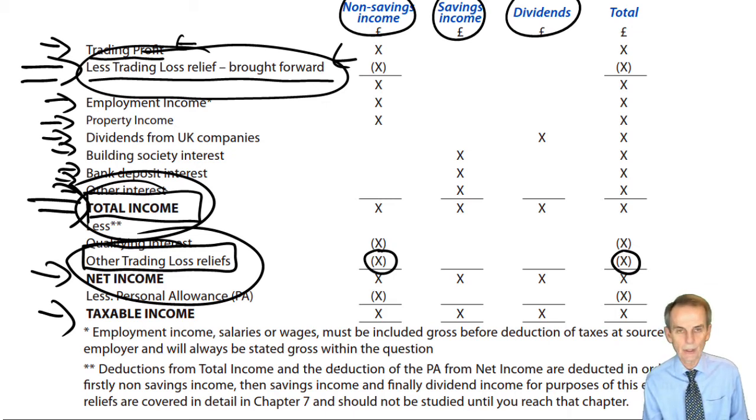And that order is the same order as which we lay out our computation, where we go from non-savings to savings and finally to dividend income there. So if you are using a current year loss, you go against the total income of the current tax year. And when you make these claims, as we said a moment ago, with the carry forward, you had no choice. It will go against the next available future trading profits.